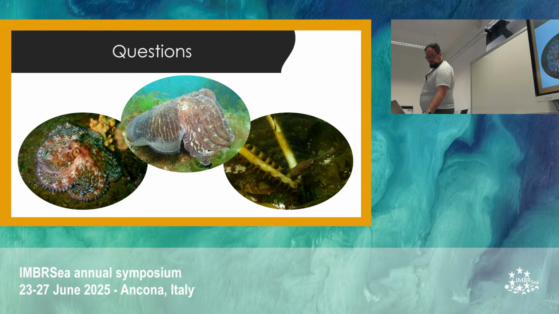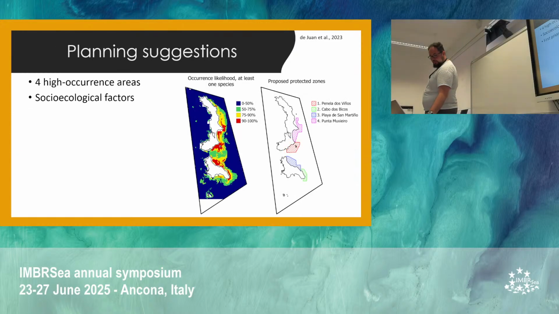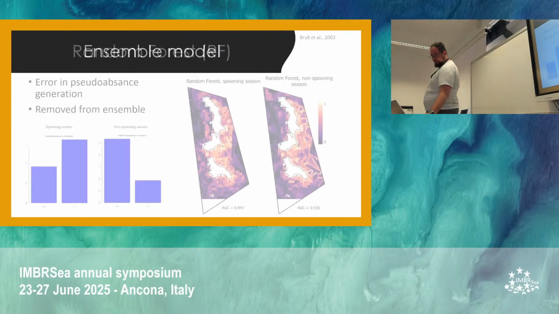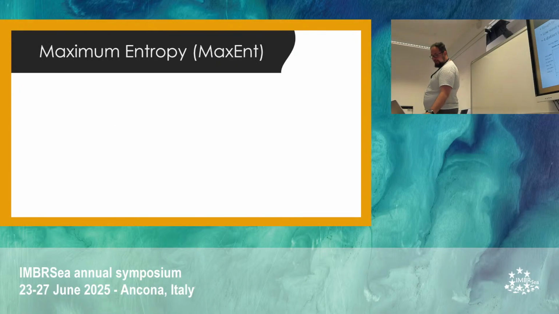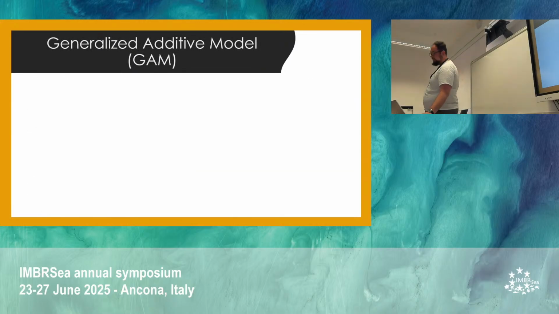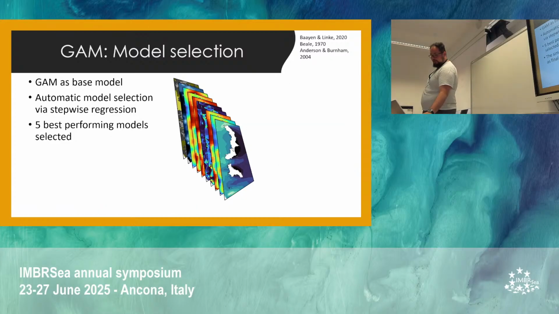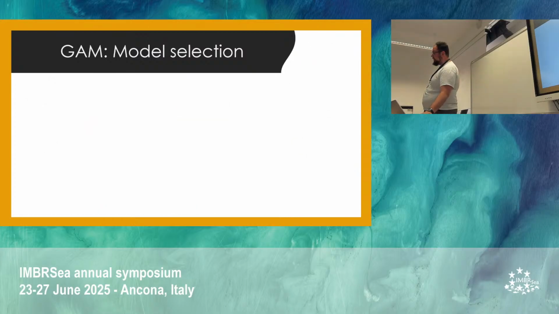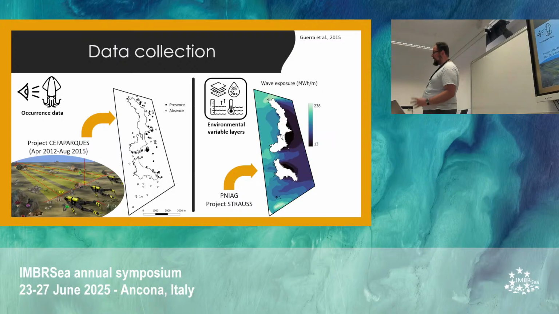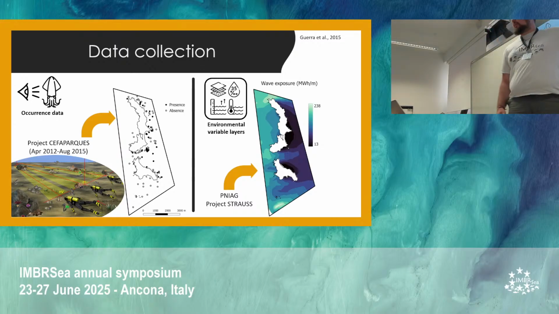If you go back to my environmental variables, you will notice that, and I think I have said this, the coastlines of the islands are very asymmetric in terms of wave exposure. This is because the island is located in the mouth of the Rio de Vigo. It is a bay that faces out into the open ocean. Because of this, the eastern coast, which is facing the continent, is very sheltered, and the western coast is very, very exposed.